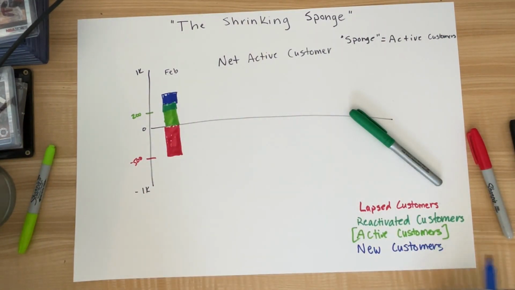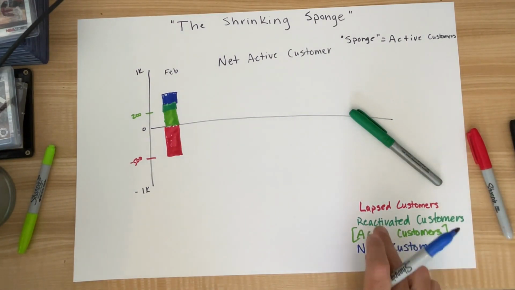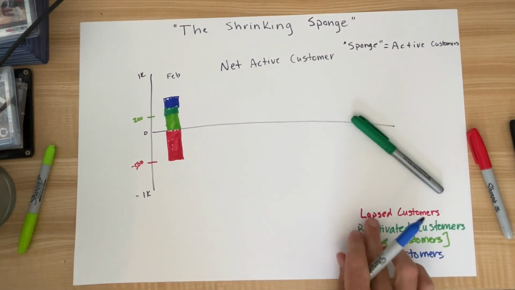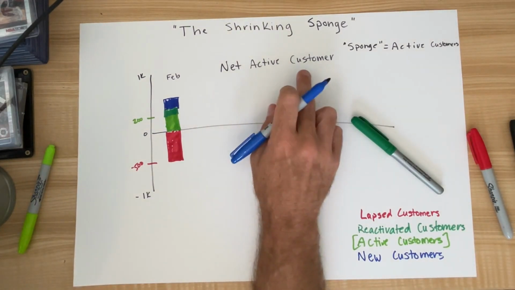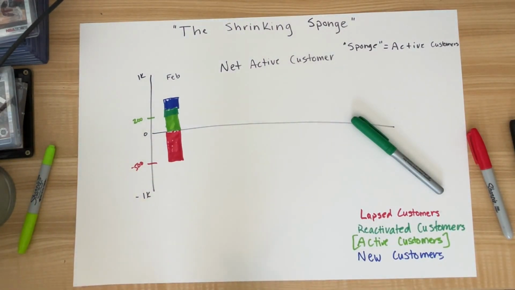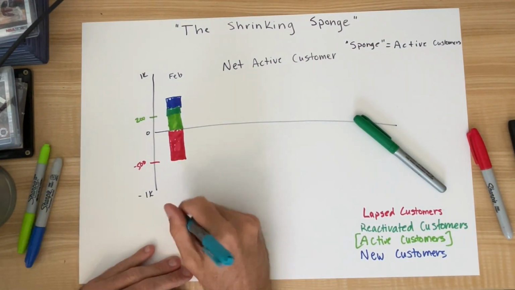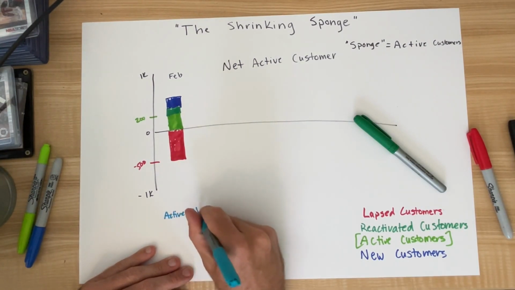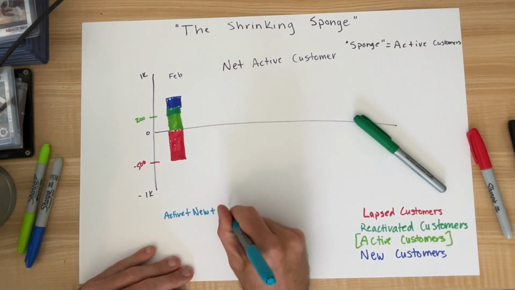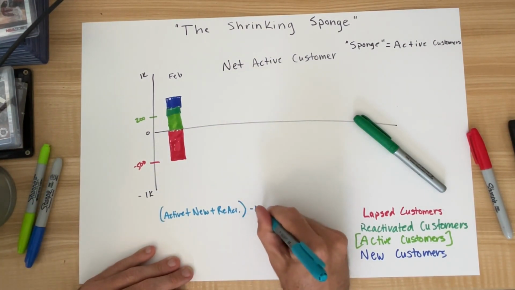New customers added to the file. Active customers continuing on. Reactivated customers moving from lapsed to reactivated. And customers that exceed that period into a lapsed state. So when I think about net active customers, this is the formula to determine whether your sponge is shrinking or growing. Net active customers equals active plus new plus reactivated minus lapsed.